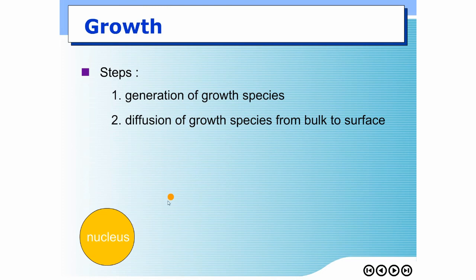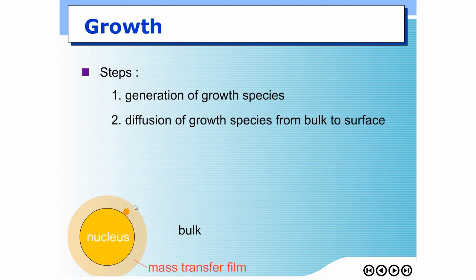Okay? So now when we have high concentration of growth species in liquid here and low concentration near the surface, that creates a concentration difference. That concentration difference is a driving force for diffusion. So growth species would tend to diffuse. And according to transport phenomena, we can represent diffusion by a process of movement through what we call a mass transfer film. Right? So there is diffusion through the film.